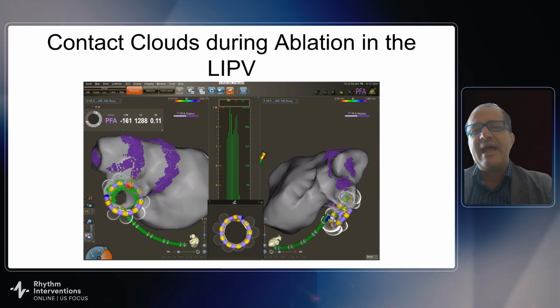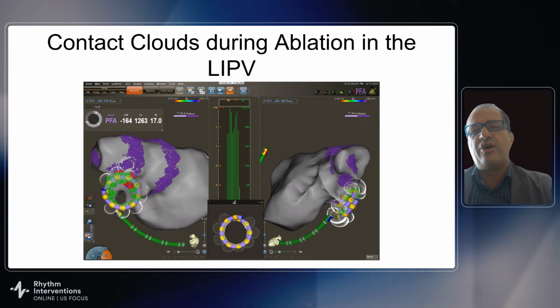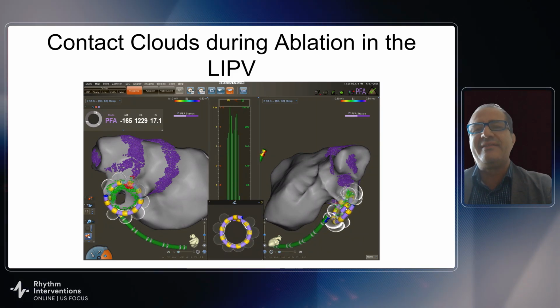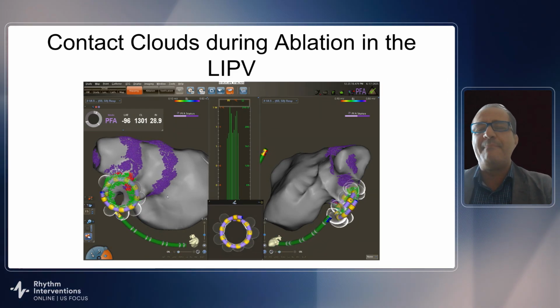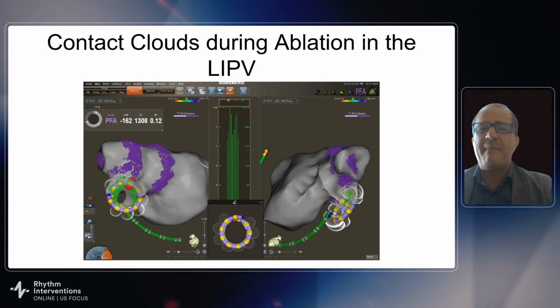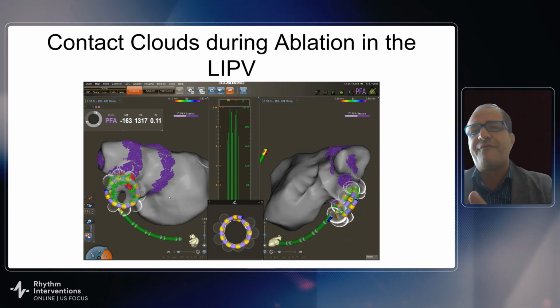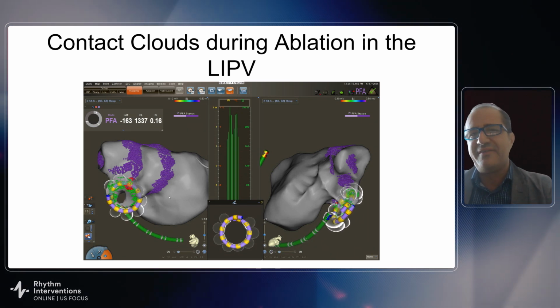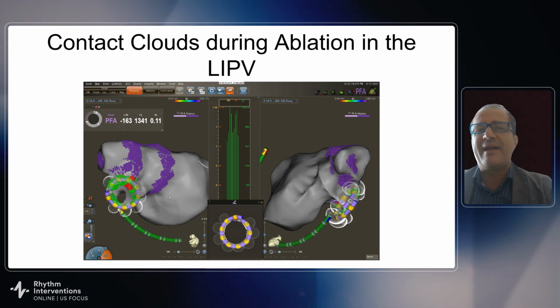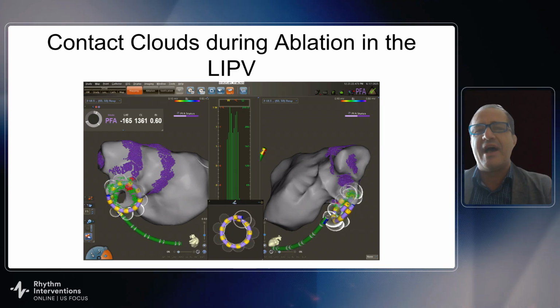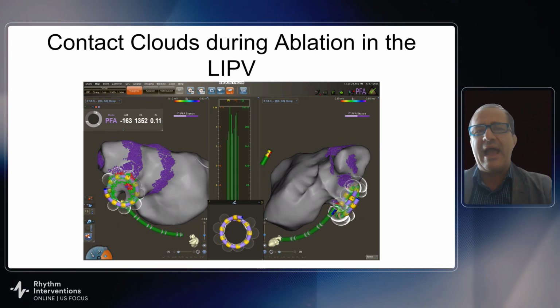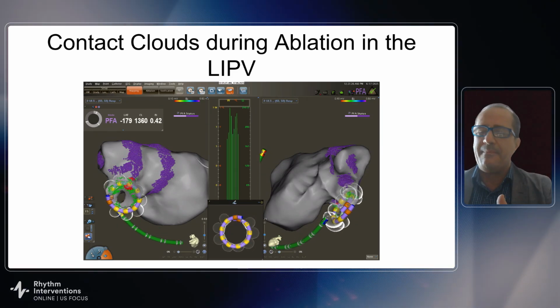You can see the way we assess the contact is after the training, every dipole will have a baseline impedance. That baseline impedance is on average 140, 150, where the mouse is. And you can see all the bars are above that level. So I know I have contact through the TPI, and that's something extremely important.